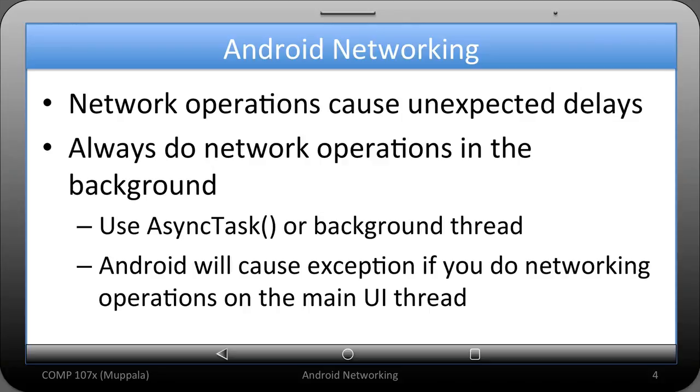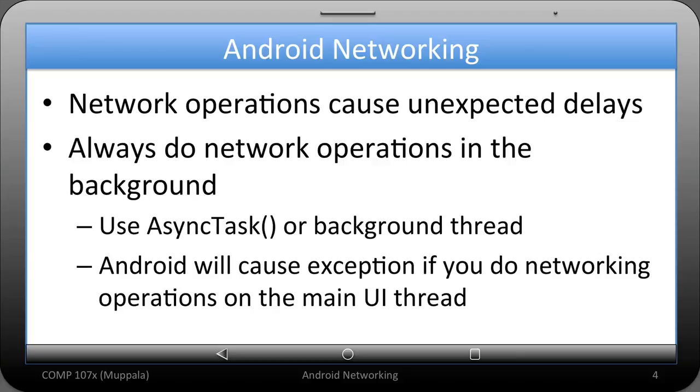One important thing that you should remember is that networking operations can be unpredictable in terms of the delays that are experienced in communicating with a server. Which means that if you do your networking operations on the main UI thread, then your app is going to freeze. So never do networking operations on the main UI thread.